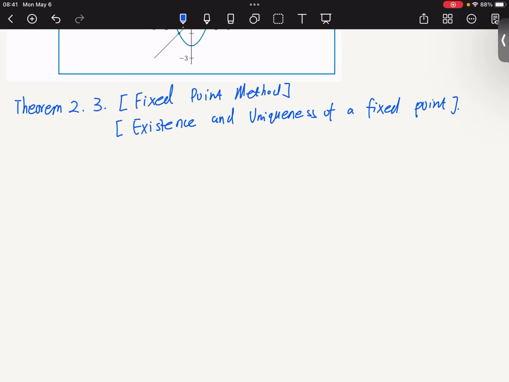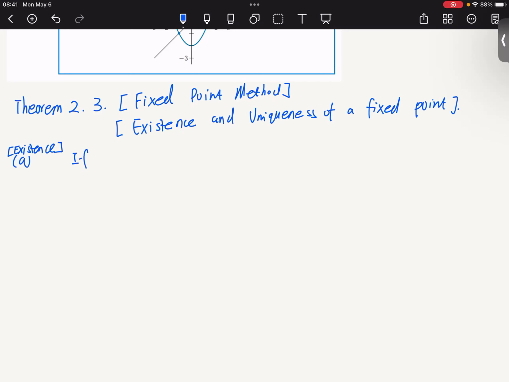And I'm going to give out the statement here. First of all is the existence. For this one, we need to pose some assumptions on the g function, and then we get the existence.